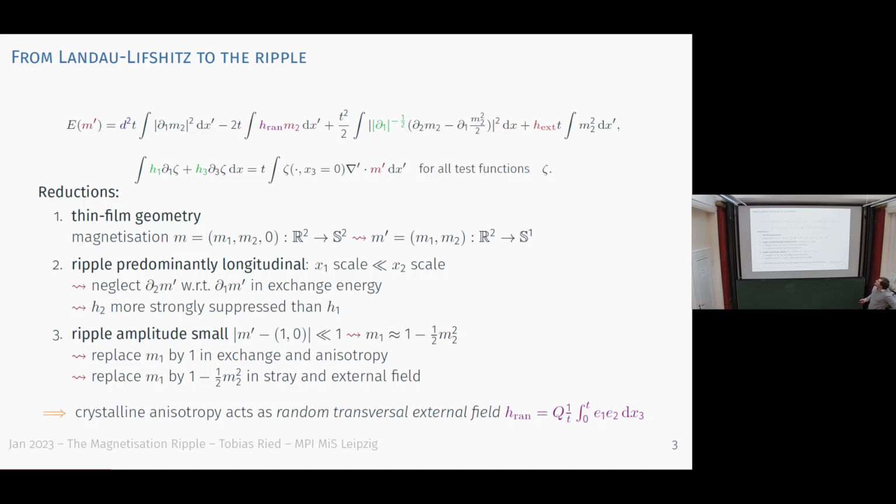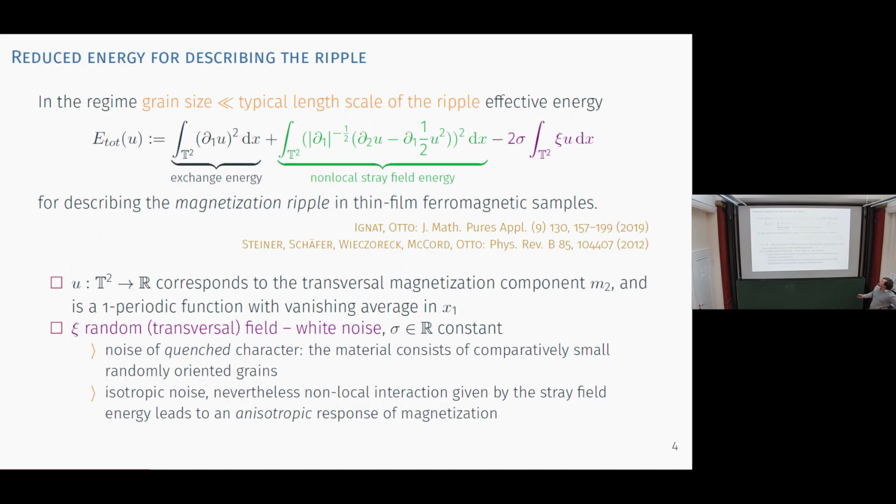And okay, there are a few reductions you can do, choosing the right sort of combinations of material constants. Let me just hide that and give you the final energy that I want to consider in the talk, which can be shown somehow self-consistently to be the relevant energy.